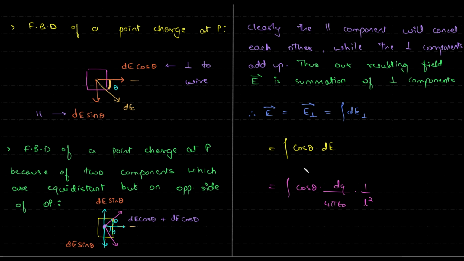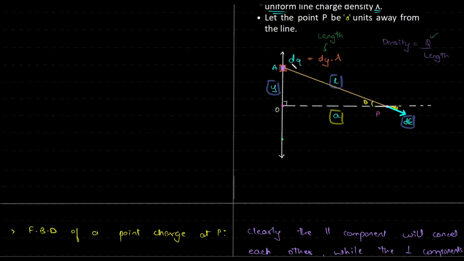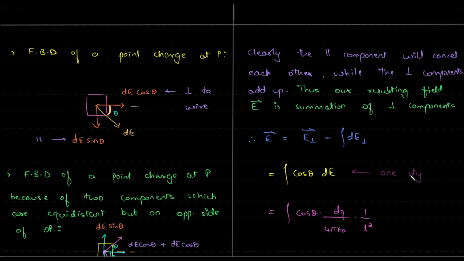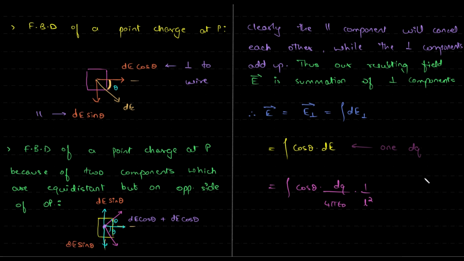Okay, guys, please understand that I didn't take dE cos theta plus dE cos theta, that is 2 dE cos theta. I just took one of it. This is because of one dq, at one end.